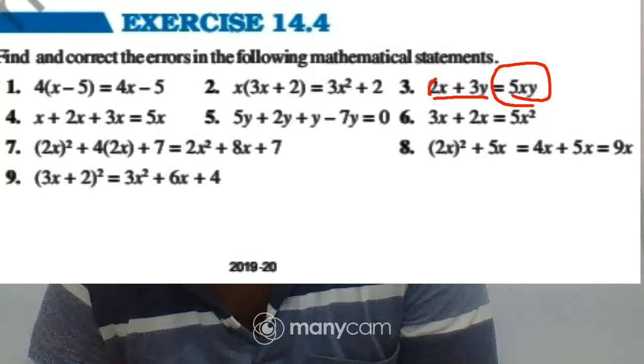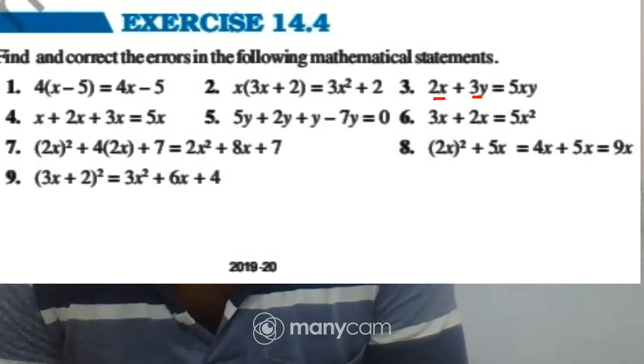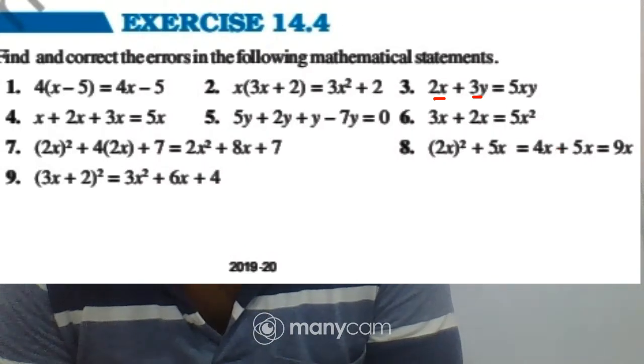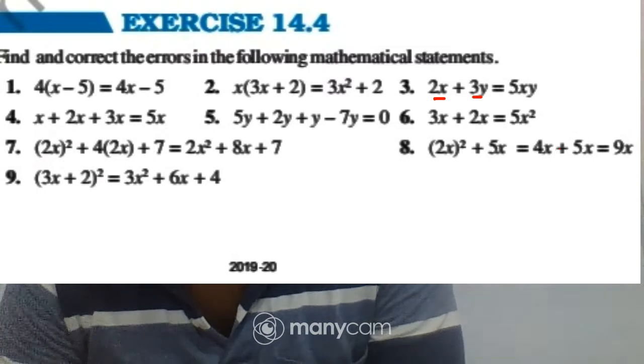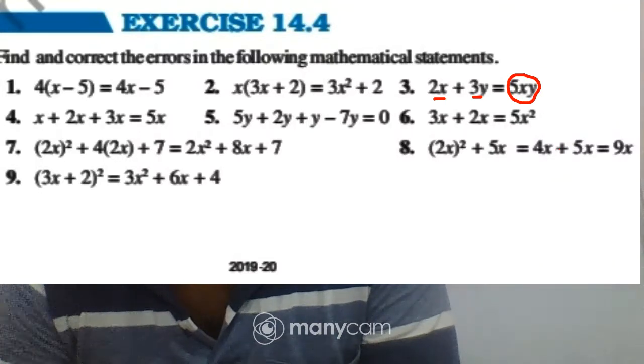But here you can see this is 2x, this is 3y, both are unlike terms. So addition and subtraction is not possible, because they are unlike terms. Addition and subtraction is possible only for like terms, so we can't add. So our 5xy is the error.